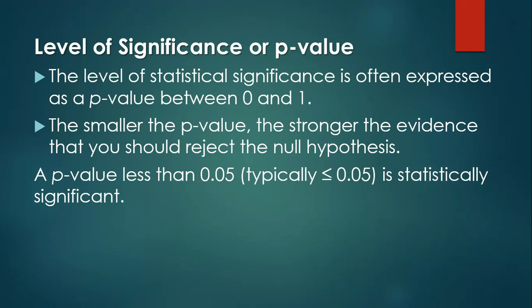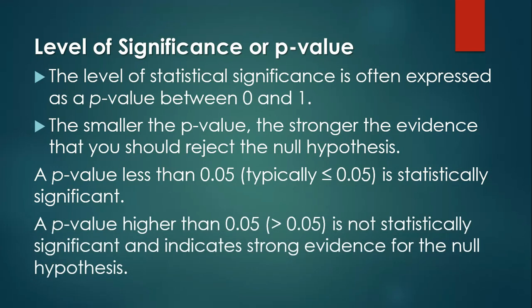It indicates strong evidence against the null hypothesis, as there is less than 5% probability the null is correct. Therefore, we reject the null hypothesis and accept the alternative hypothesis. A p-value higher than 0.05 is not statistically significant and indicates strong evidence for the null hypothesis.